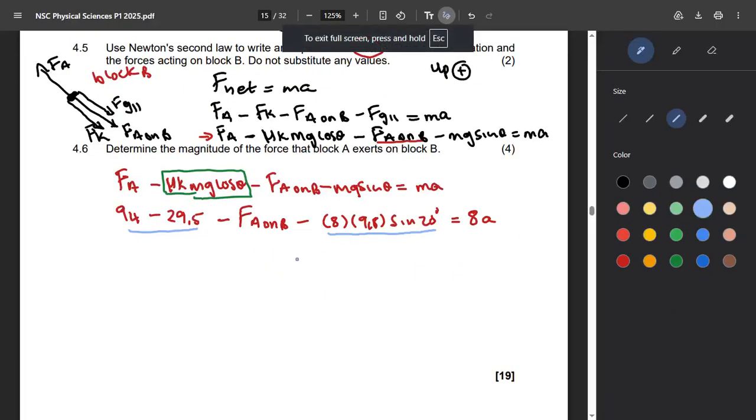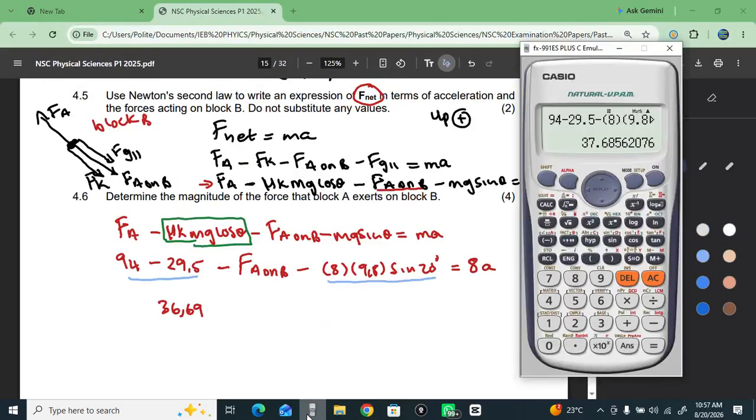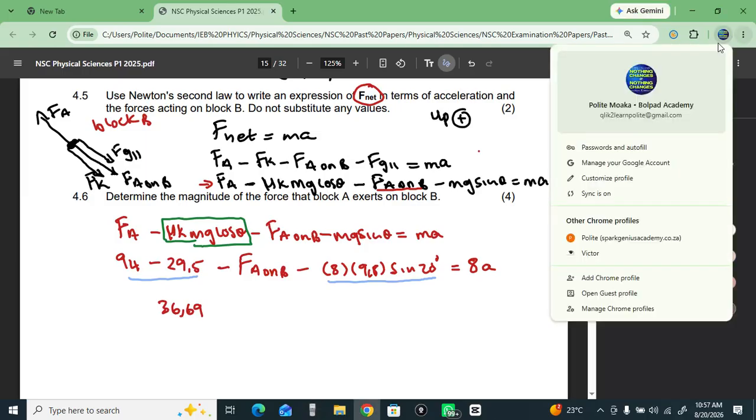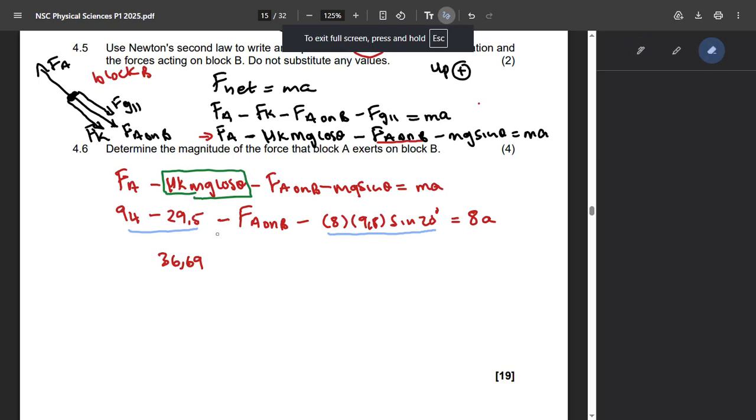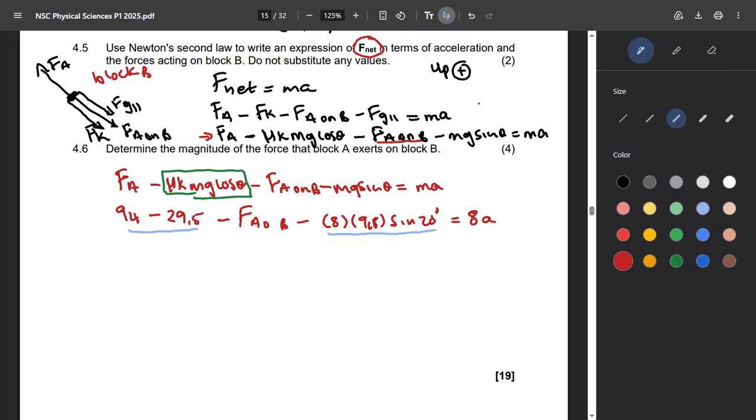Okay, so I'm gonna take my answer and write it down here. Was that 37? Did we get 36 or 37? 37.69, okay. 37.69 minus the force A on B. I just worked out the like terms.